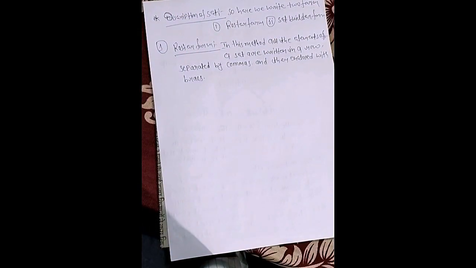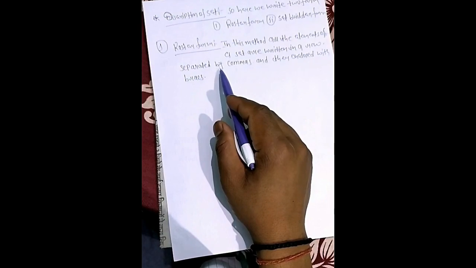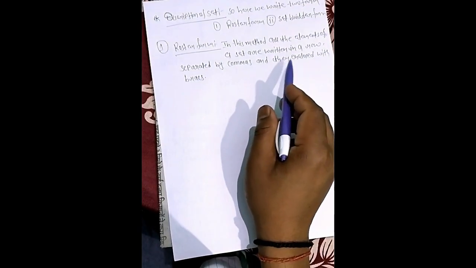Students, the roster form definition is: in this method all the elements of a set are written in a row, separated by commas and enclosed with brackets.